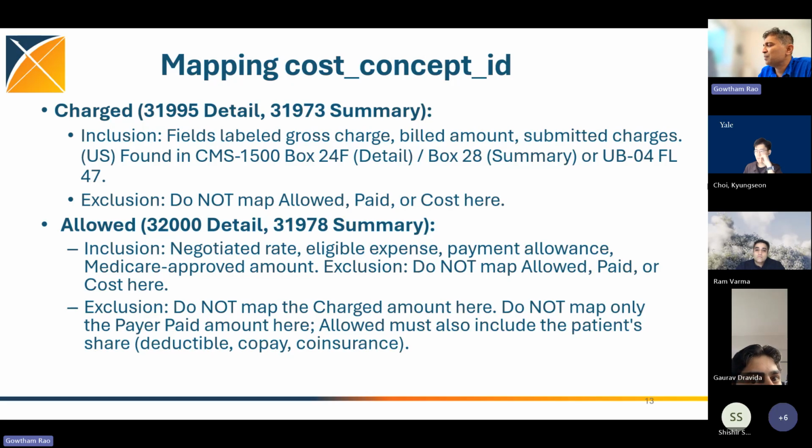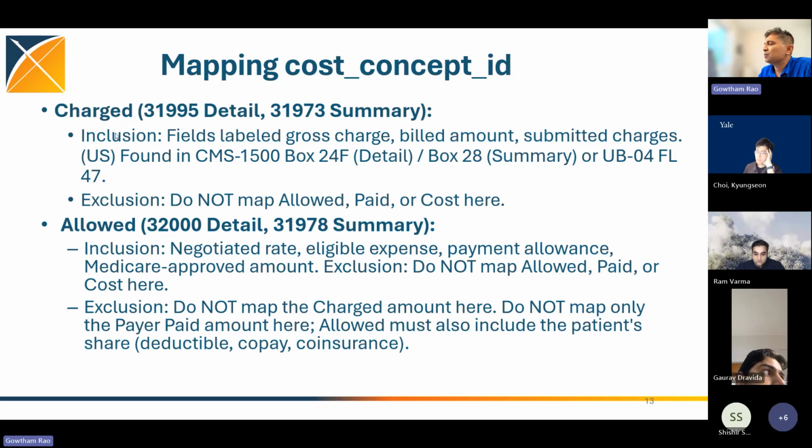For example, if you believe that this is allowed, paid, or cost, that is, how much it actually cost to pay the hospital system to provide care, do not map it to charged. That's the exclusion. How do you know it's allowed, paid, or cost? Look at the allowed, paid, or cost descriptions, and if it matches that, don't map it to charged.